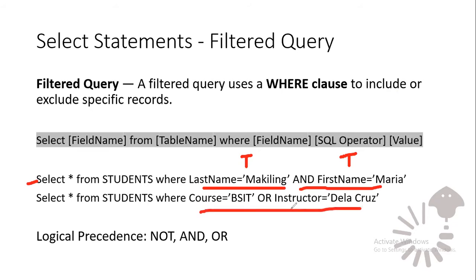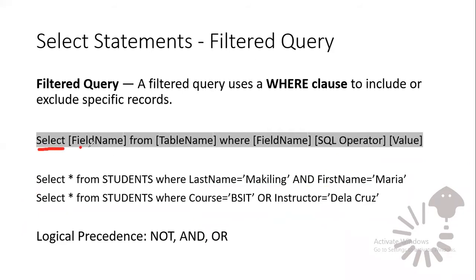For this case, either condition, basta nag-true yan, fetch niya. So, similar with your programming conditions, pwede tayong gumamit ng logical operator, comparison operators. Basta iset lang natin yung condition. The syntax is select field name from table name. So, kung mapapansin nyo until here, this is the basic query.